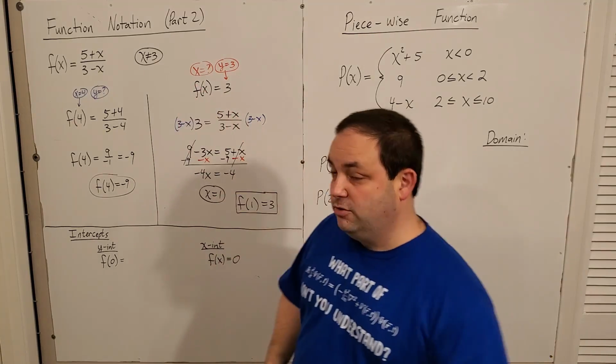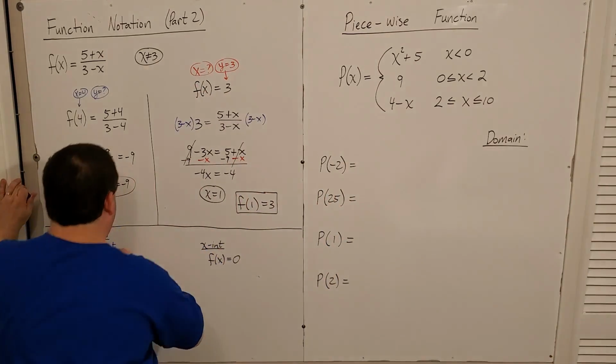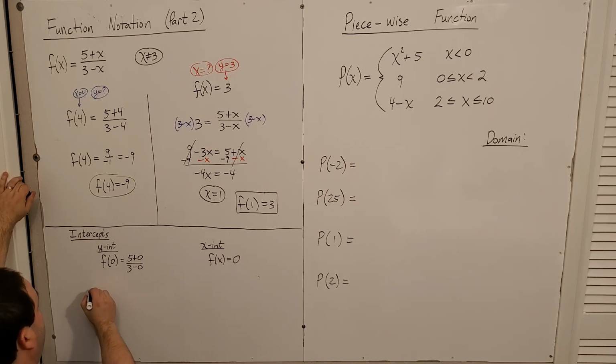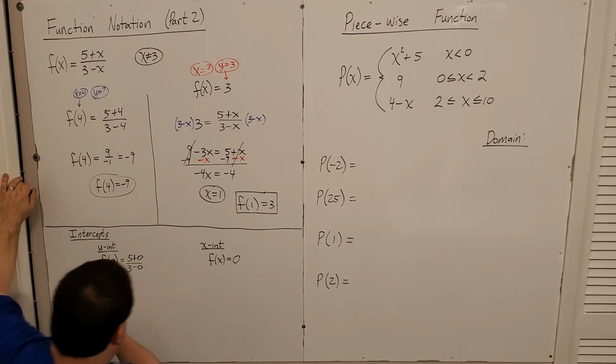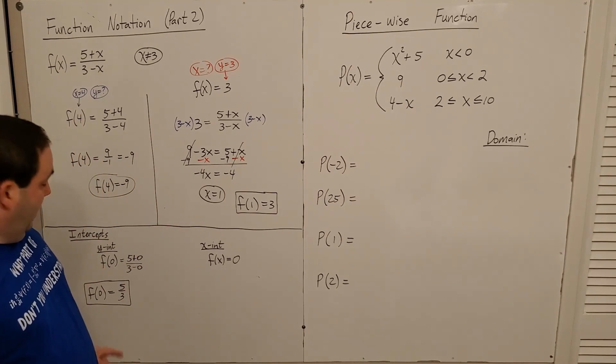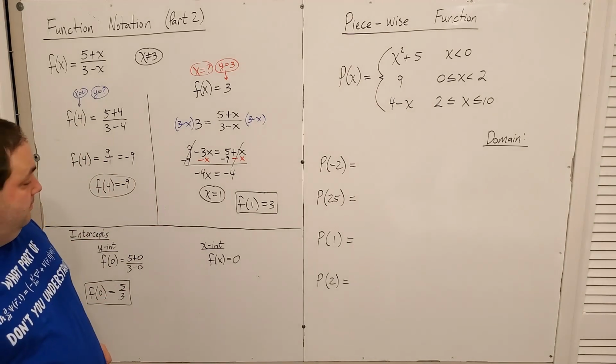In the case of our function here, that would give me 5 plus 0 over 3 minus 0. So f of 0 would be 5/3. This would be the point 0 comma 5/3 would be where this particular graph has hit the y-axis.